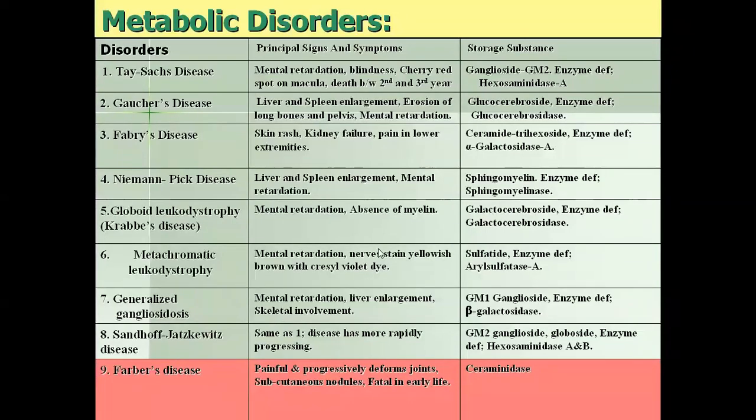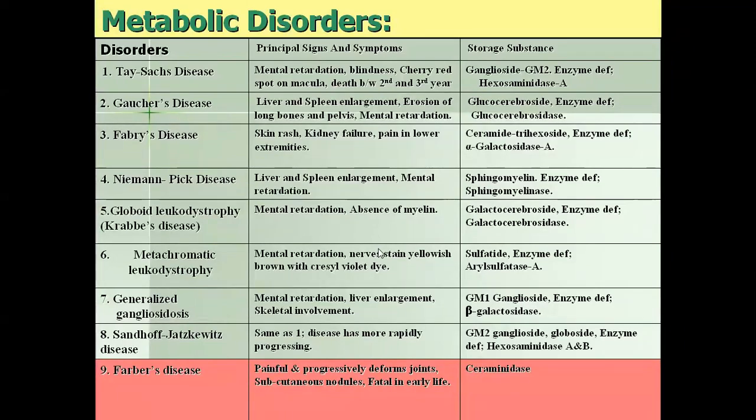And the last, Farber's disease, which is seen exclusively in the metabolic abnormalities related to the sphingolipids. Joints become deformed, painful and stiff, and subcutaneous nodules are seen. It is fatal in early life.